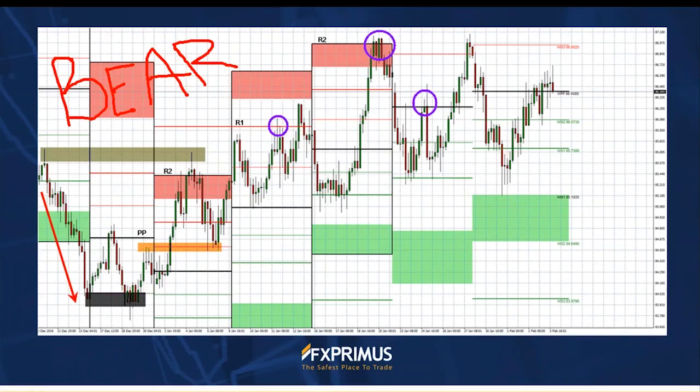Okay, it wasn't to be this time, but your time will come. And the problem is when you don't know if you're a bull or a bear, and you're buying one minute and selling the next, that's where you miss these opportunities. And guys, I've seen traders' accounts where they're going long the US dollar, then short the US dollar, then long the US dollar, all in the same day.